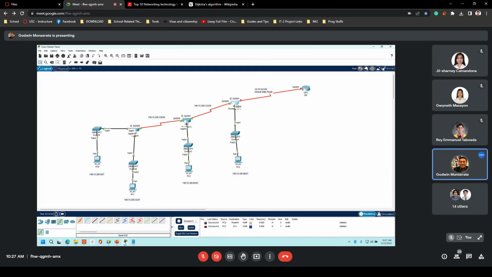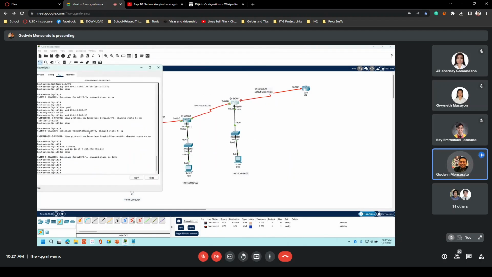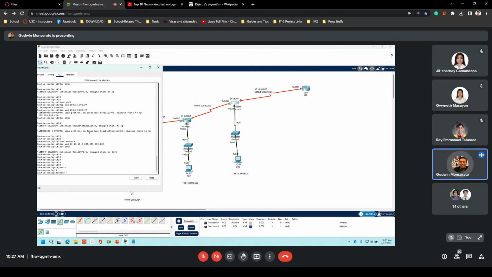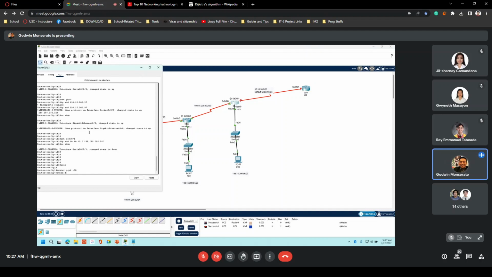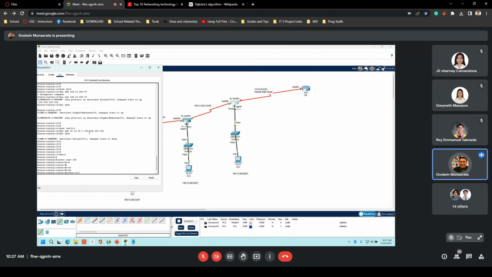So, kanina po. Okay? Diba? Simple lang kayo implement ang OSPF. Exit ka dire, router OSPF 100. Kana. And the router ID nga akong ibutang, router ID is 100.15.128.15.129.